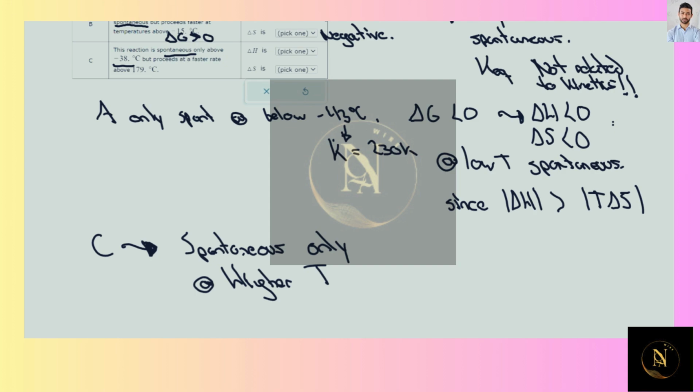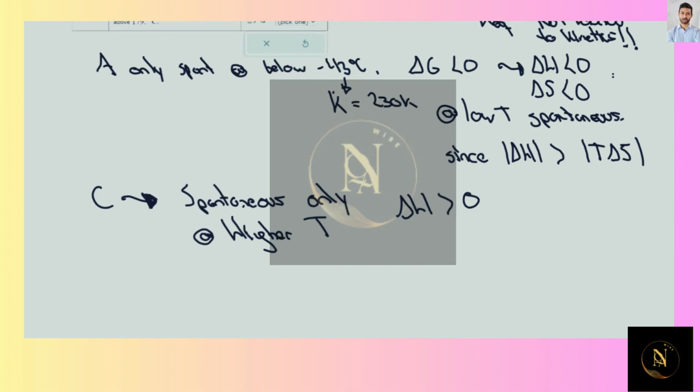And what this indicates is that the delta H is going to be larger than zero, and delta S is also going to be larger than zero.